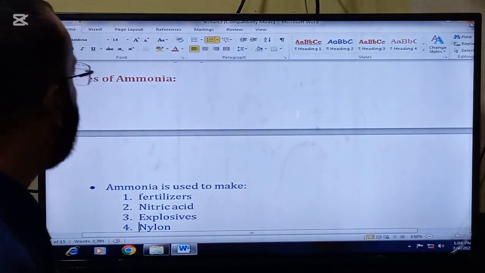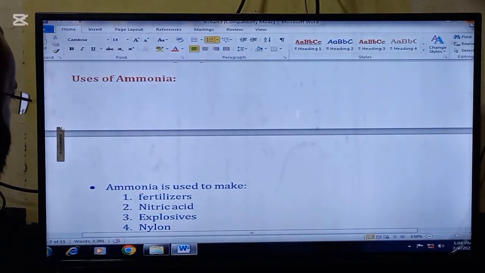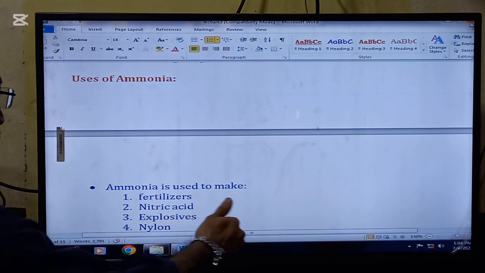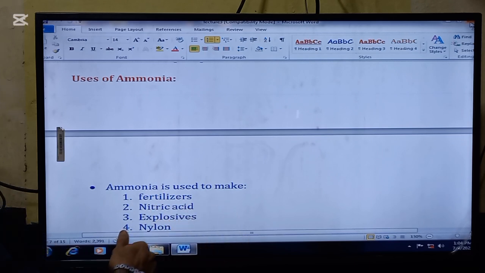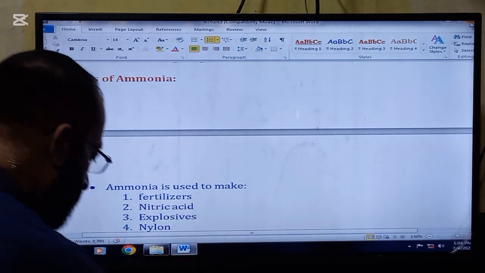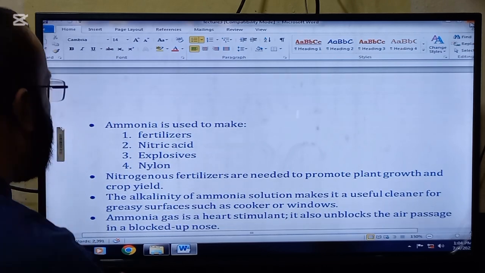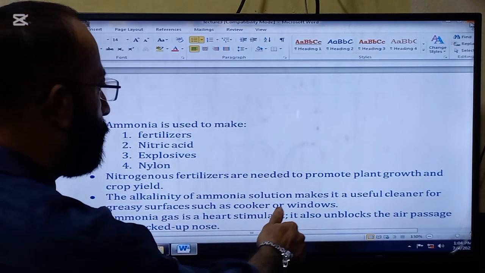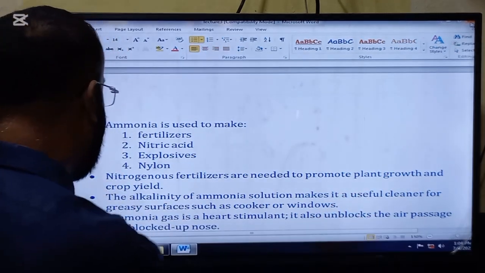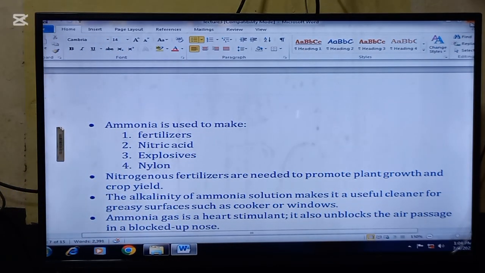Next, we are going to read the uses of ammonia. Ammonia is used to make fertilizers, nitric acid, explosives and nylon. Nitrogenous fertilizers are needed to promote plant growth and crop yield.